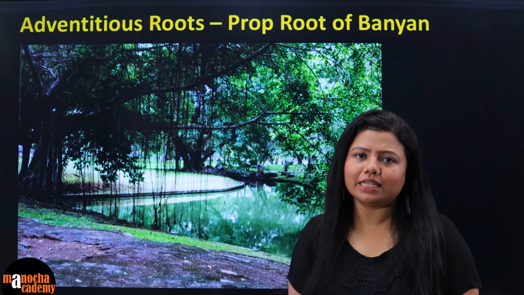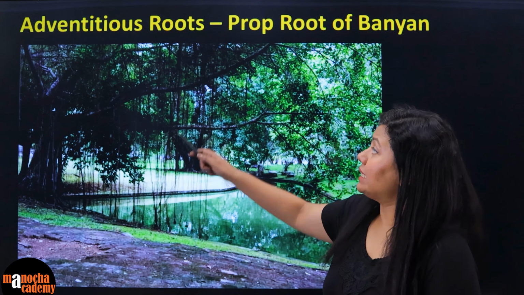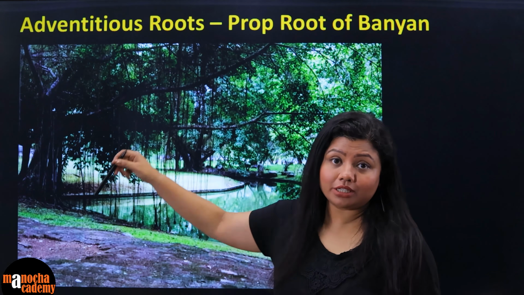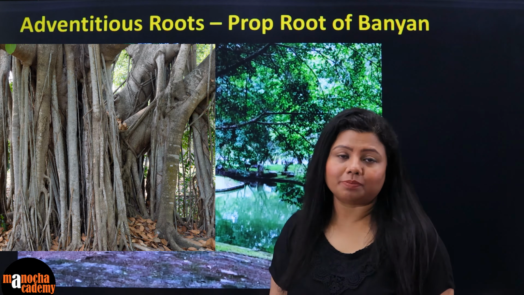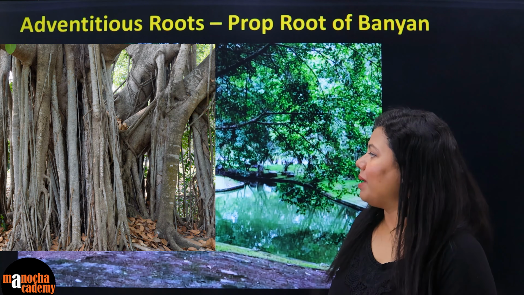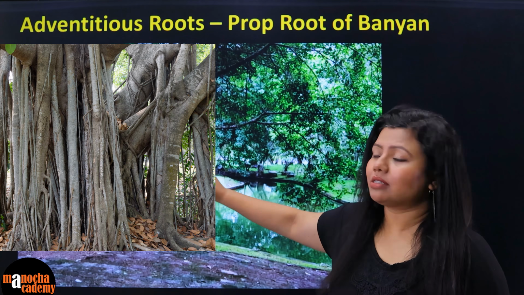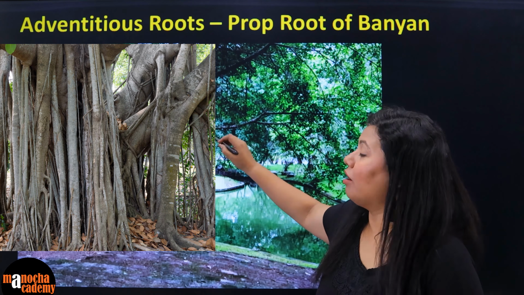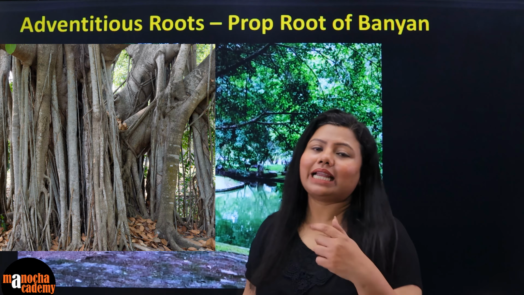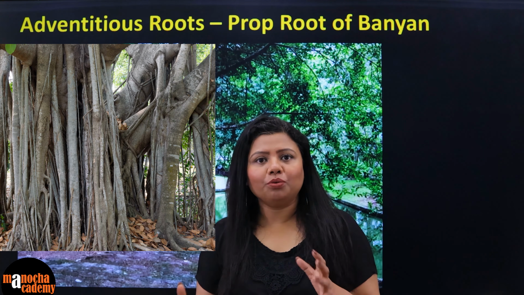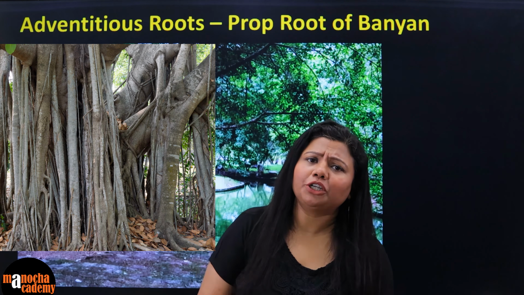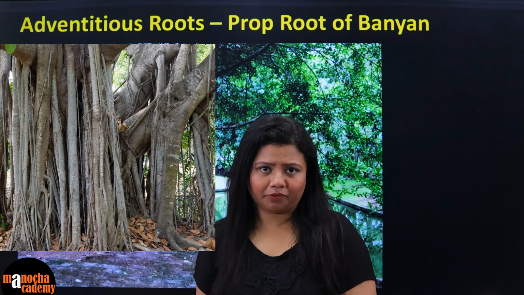You must have seen this in banyan trees. These hang from the branches. We feel that they are branches, but they are not. They are basically branch-like structures coming out from the branch, but it has a tissue which is more similar to roots than to stem, right?